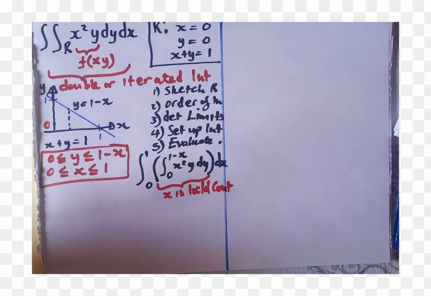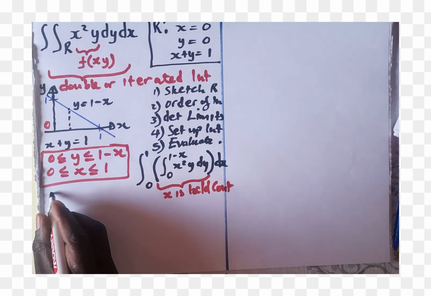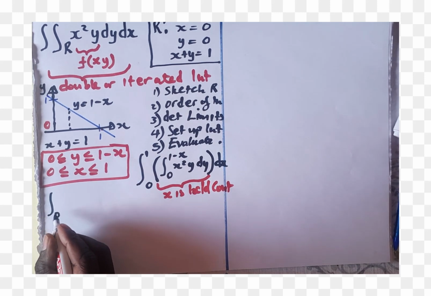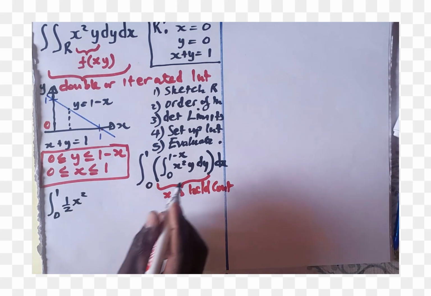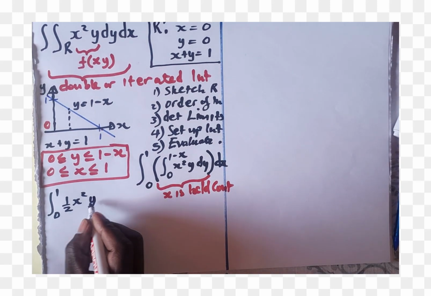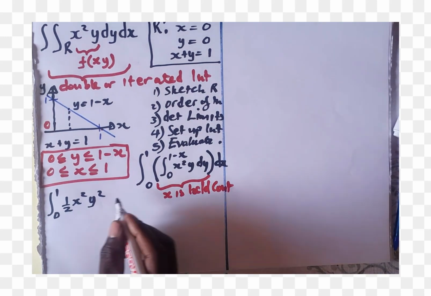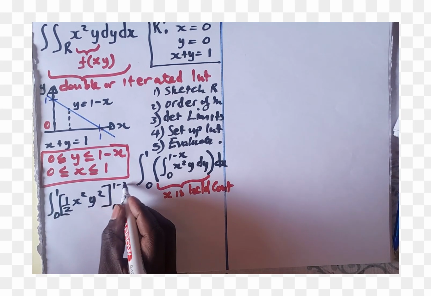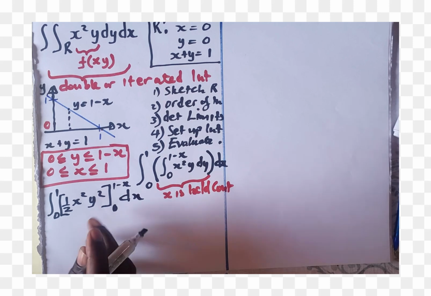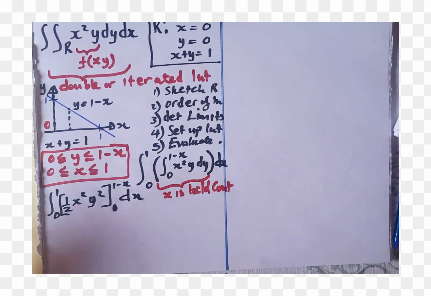So, okay, let's go ahead and integrate what is inside the brackets. Of course, we still have to integrate with respect to x, so it's the integral from 0 up to 1 of half x squared, because x is constant, y squared. Remember, the integral of y is half y squared. And this from 0 up to 1 minus x with respect to x. Because after we have set the limits of integration, we still have to integrate with respect to x.